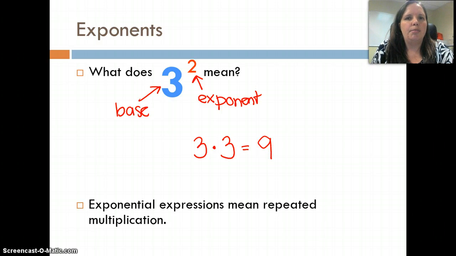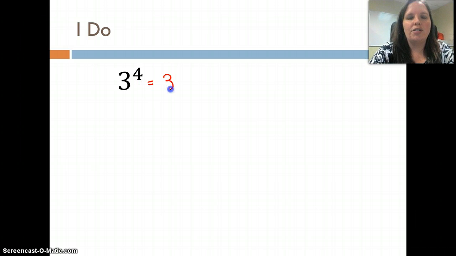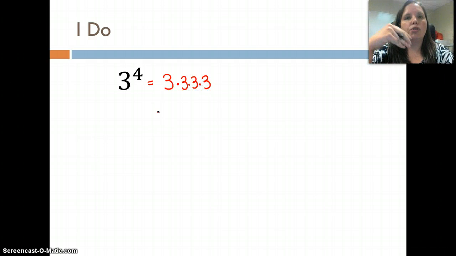So obviously, these are things that you are aware of, just making sure that vocabulary is reviewed. So 3 to the fourth, this is our I do, 3 times 3 times 3 times 3. Just to throw some strategies out there that I know you've seen in the past, instead of saying to yourself, okay, what's 3 times 3 times another 3 times another 3?